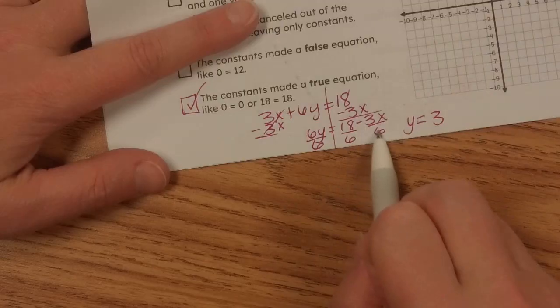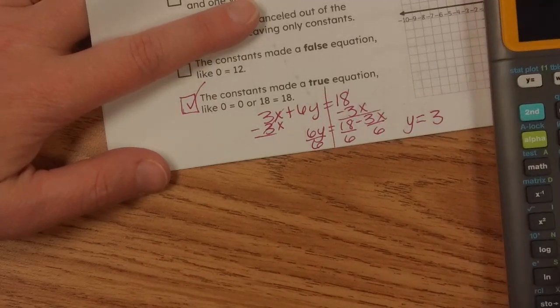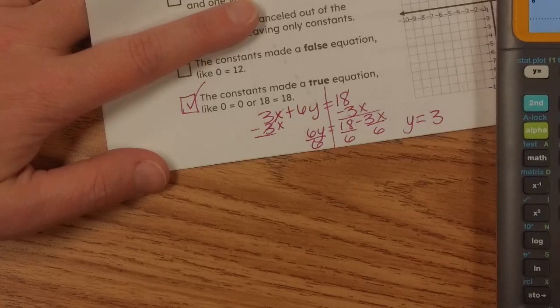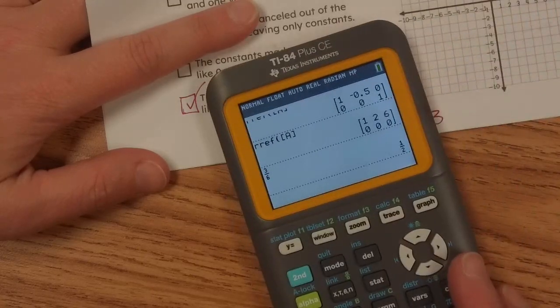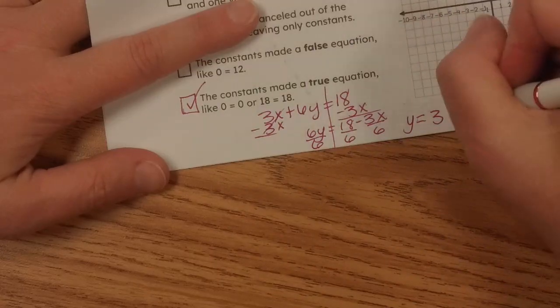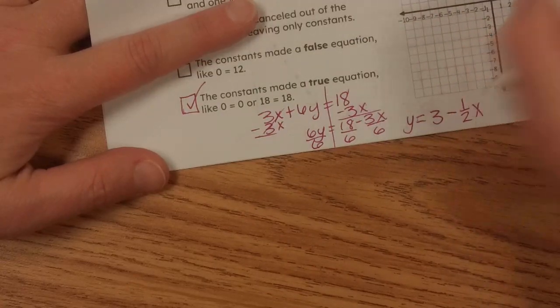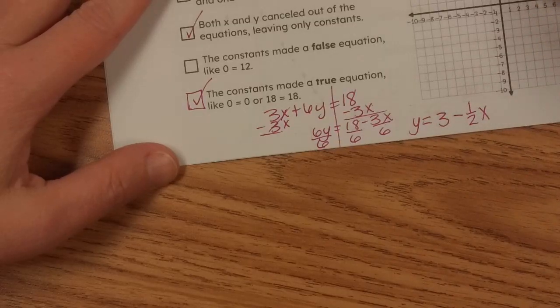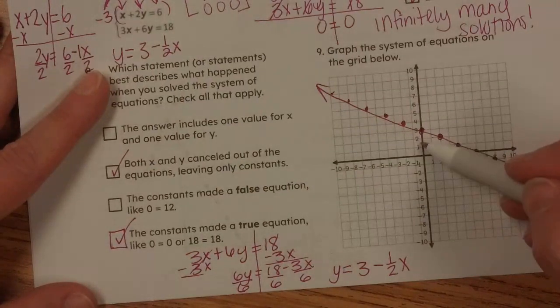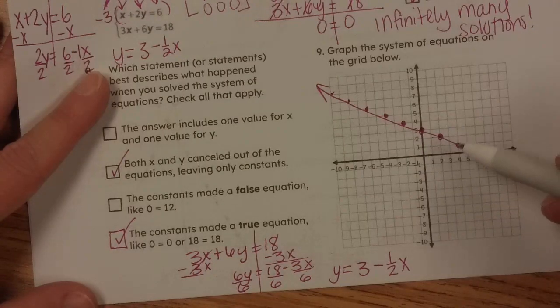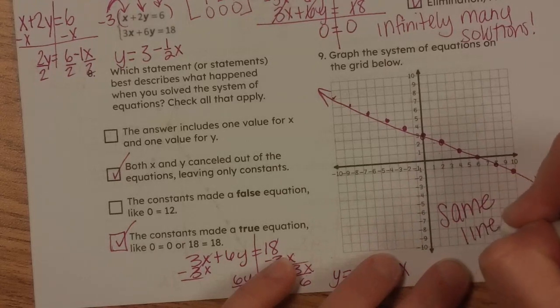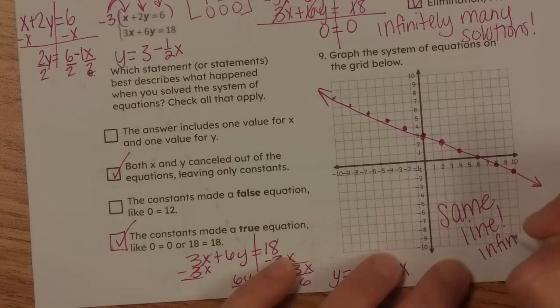And then 3 over 6 is a fraction, so let's do that on our calculator. It's a half, and it's negative. Wait a second, I'm going to start at 3, and I'm going to go down 1 to the right 2. Isn't that the same line if I start at 3 and I go down 1 to the right 2? Yeah, so these are the same line. So we say infinitely many solutions.